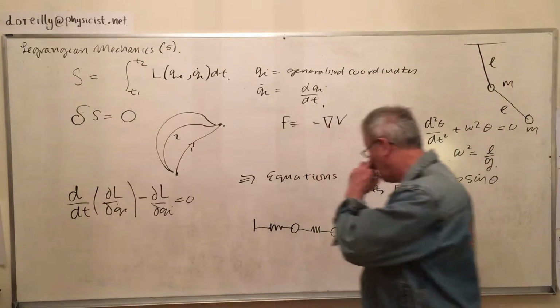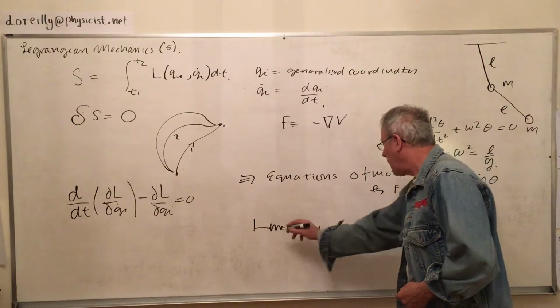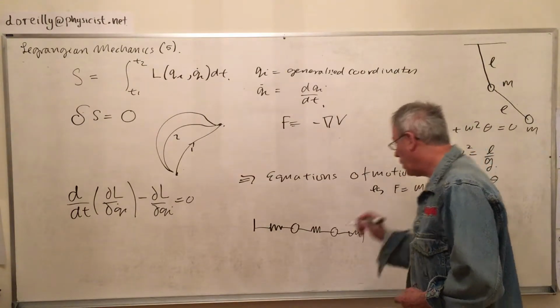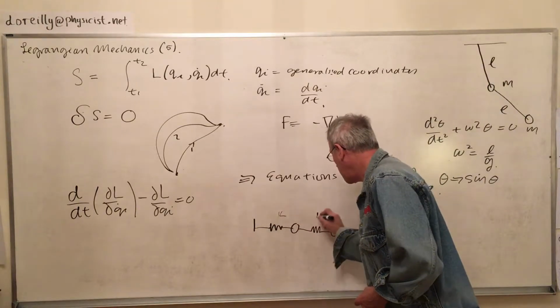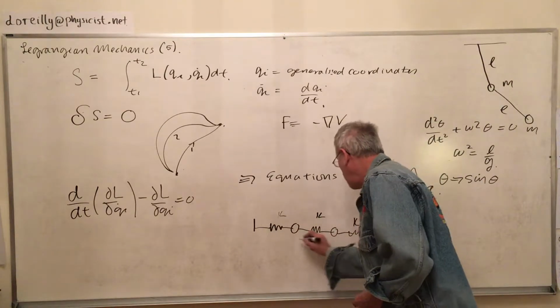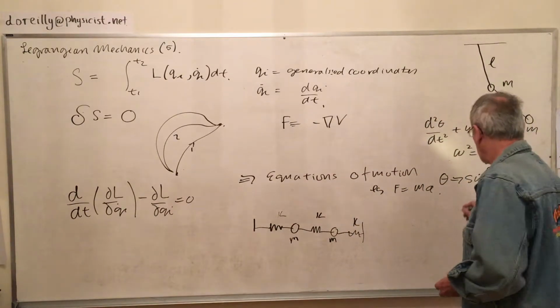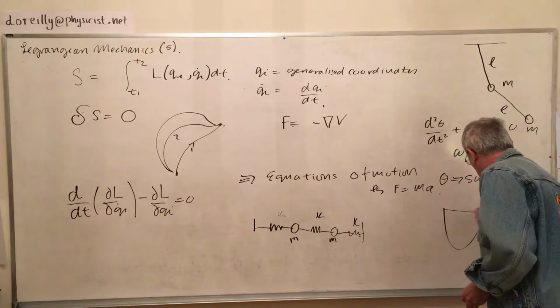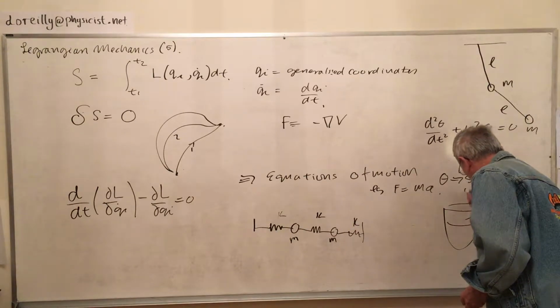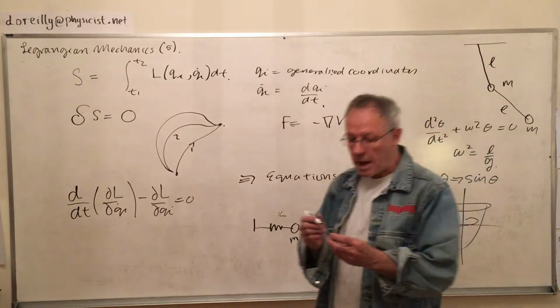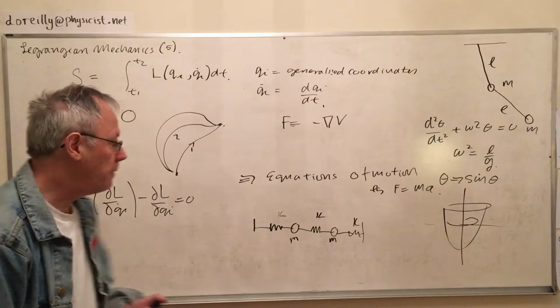But we're going to fix the endpoints and allow the masses to vibrate, and we're going to say that the springs are going to have constants k all the same, and the masses m1 and m2 are the same. That's what we're going to do. And then we're going to look at constrained motion. We're going to look at a particle moving on a paraboloid. That's what we're doing in this session.